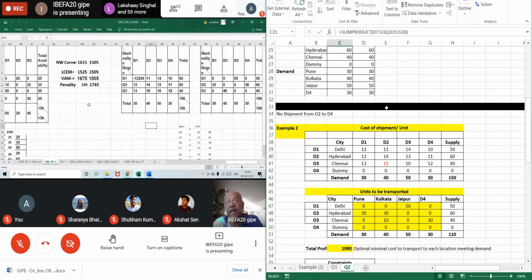Answer again 1990. No allocation there. So it takes care of constraints when you are giving optimum.